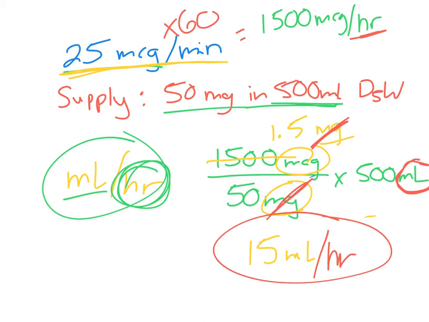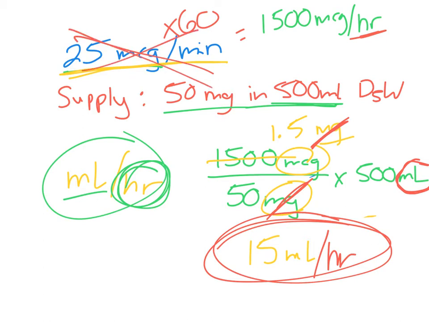So we actually did that at the end of our math class, so you guys should have a little bit of experience with that. The situation I'm referring to, which I've seen come up recently, is what happens if we're given this number and not this one, not the ordered dose of 25 micrograms per minute. What if instead I'm told we know the infusion rate?